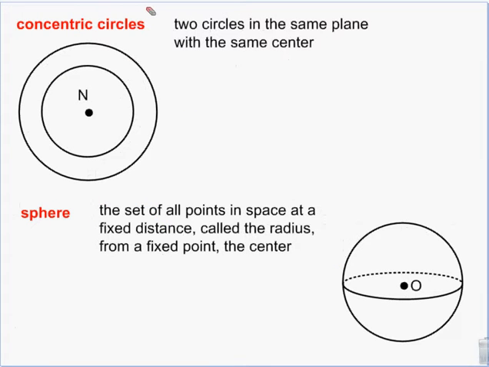Concentric circles are 2 circles in the same plane with the same center.